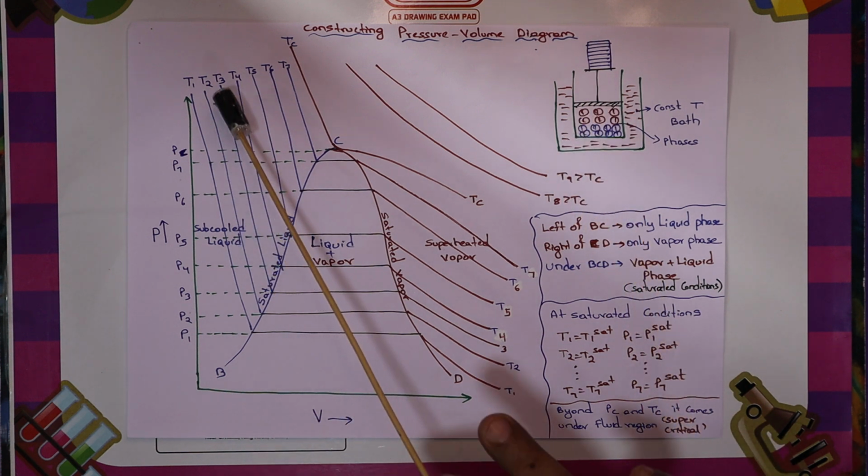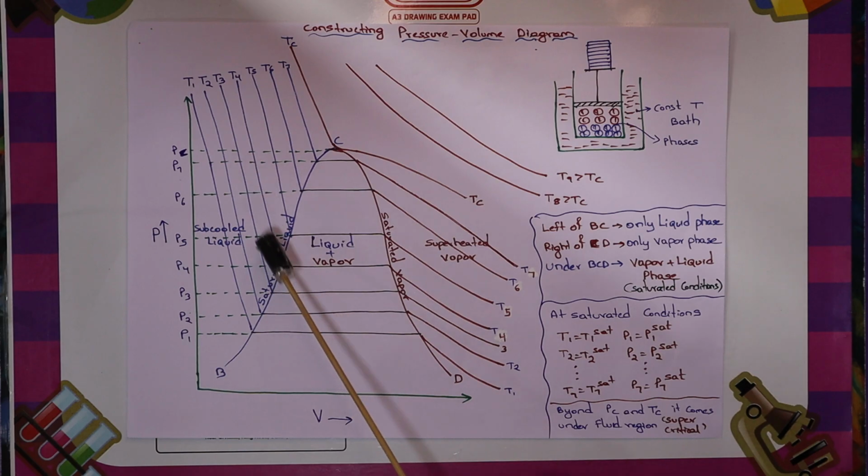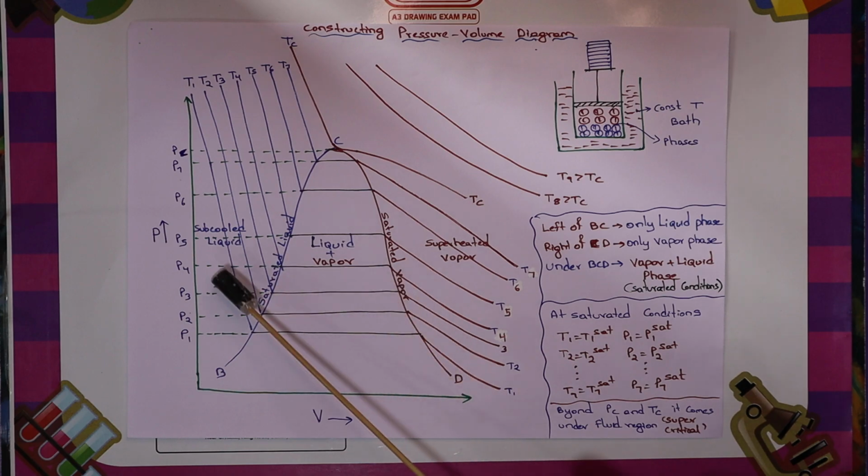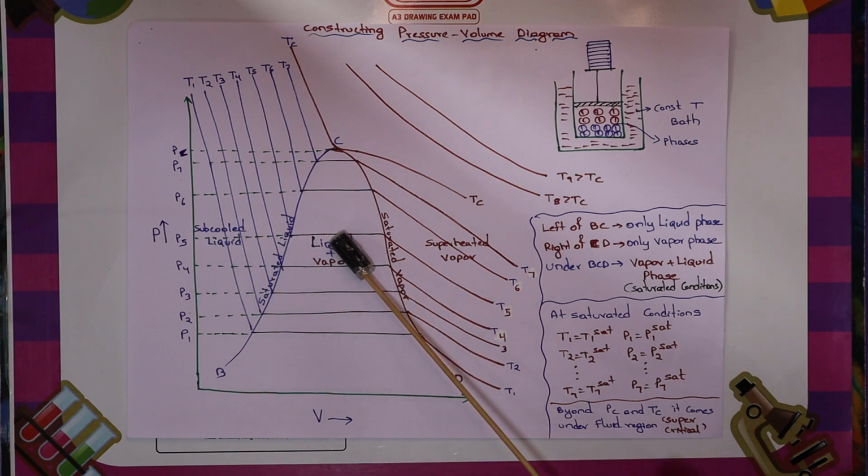So this line is giving information about pressure, volume and temperature. Similarly, in the vapor region, what is this line indicating at T6? If you maintain the temperature T6 in this container and pressure P5, then what is the volume? You can get the information from the graph.